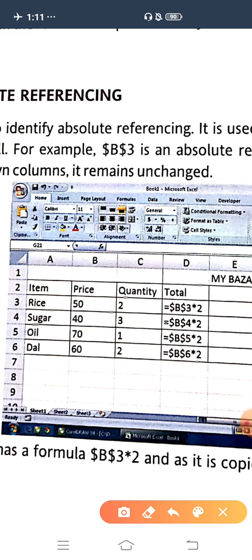There is one mistake in this table. As I have told, the formula will remain unchanged. So here, in place of 4, 5, 6 it will be 3, because in the first cell it is B3. So in the rest of the cells it will be 3, not 4, 5, 6. This is the mistake in the table.